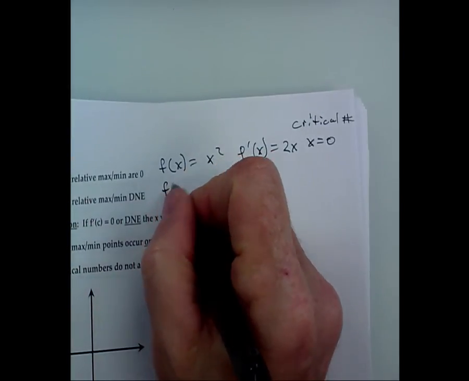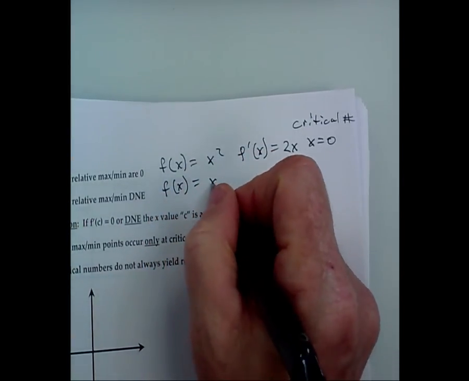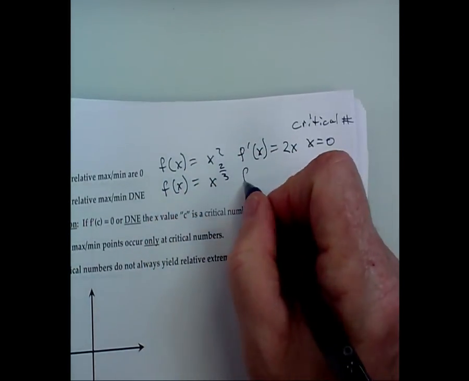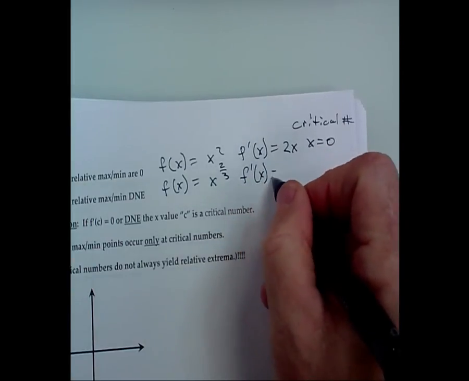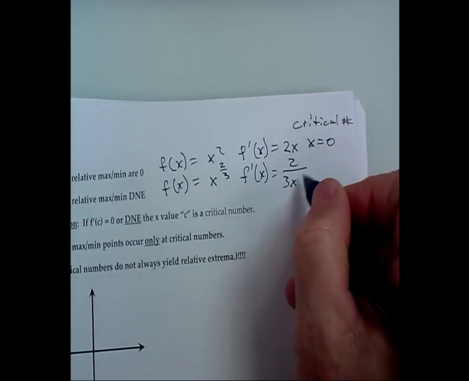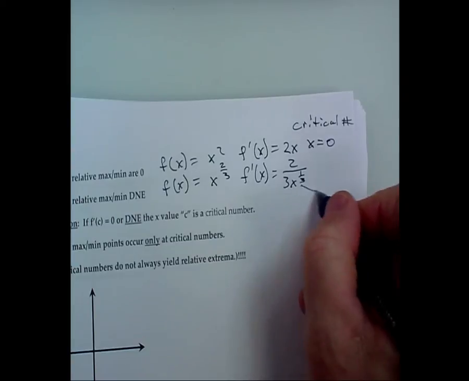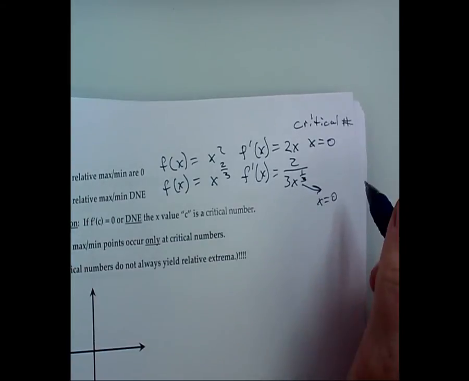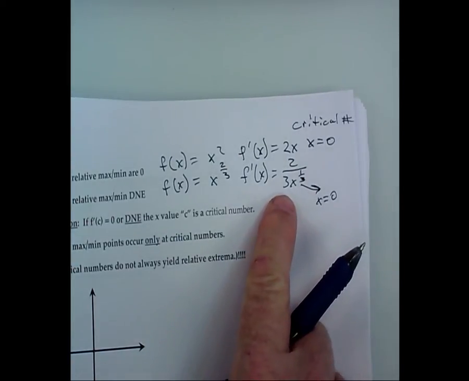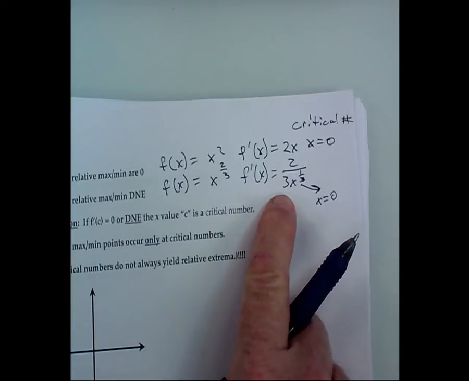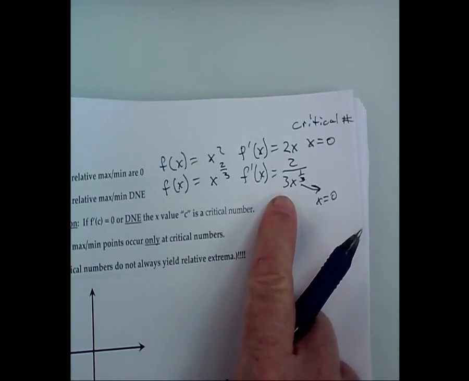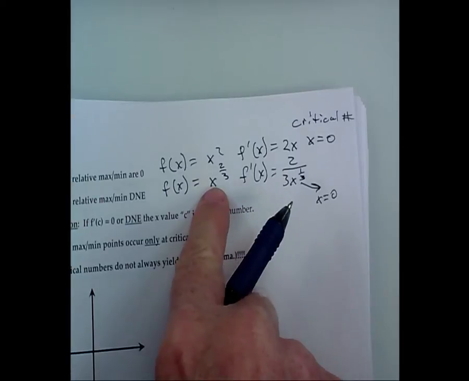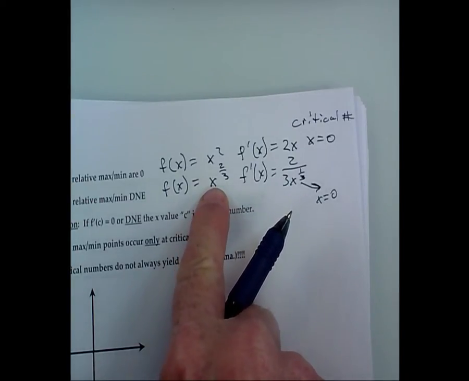This one right here, f of x equals x to the 2/3. f prime of x equals 2 over 3x to the 1/3. The denominator was 0. This derivative does not exist because you cannot divide by 0, but 0 can be used in this function. You can take 0 to the 2/3 power.